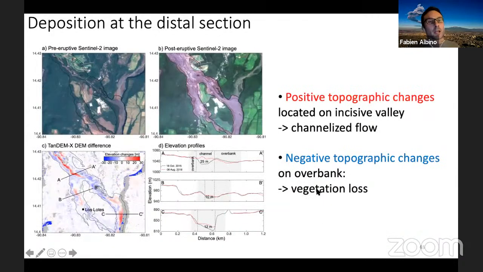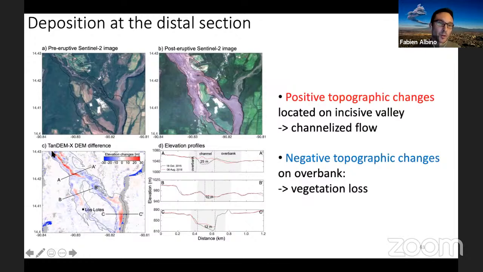So what we look at is the different sections. Here I'm going to start with the distal section and compare the topographic changes with the different facies we mapped with Sentinel-2. And here you can see the results are very concordant.